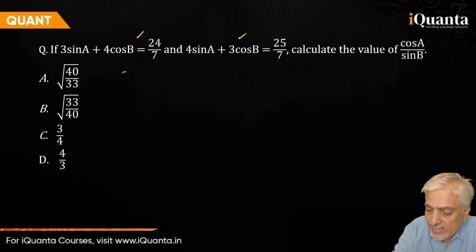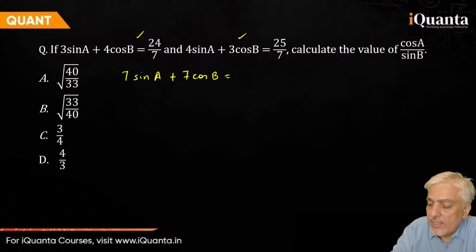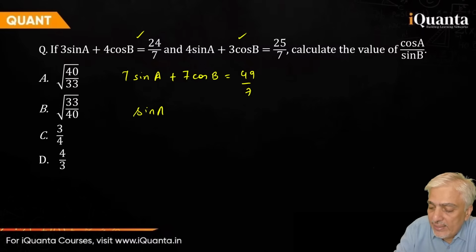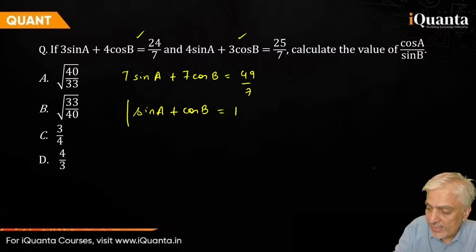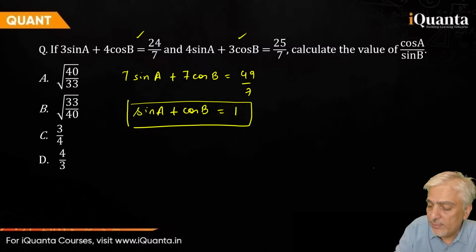You will get 7 sin A plus 7 cos B is 49 upon 7. Divide by 7, you get sin A plus cos B is 1.